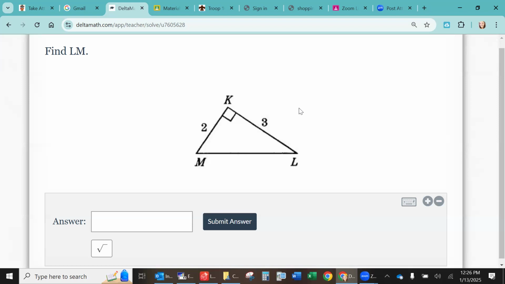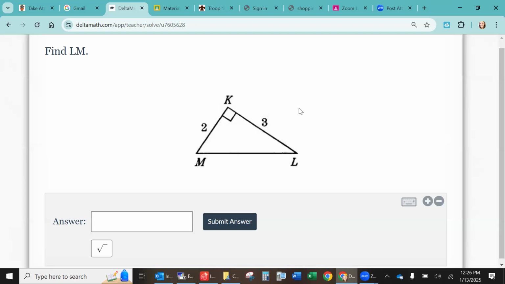Yes, ma'am. For 13, and then your L would be opposite over hypotenuse. I think you have your sides labeled wrong. So on this one, your L is your theta, yeah?